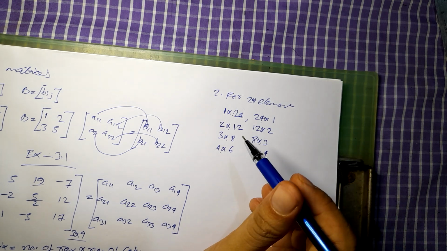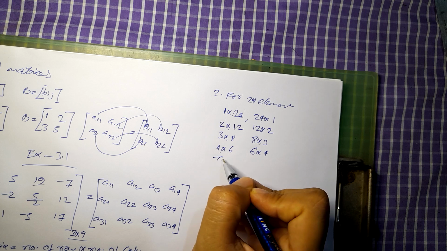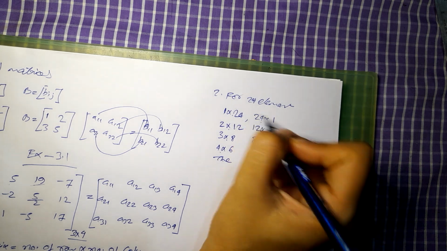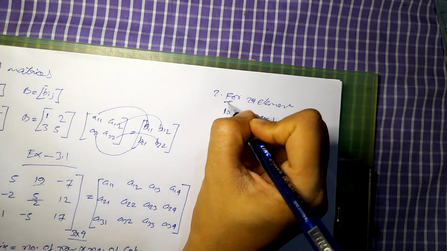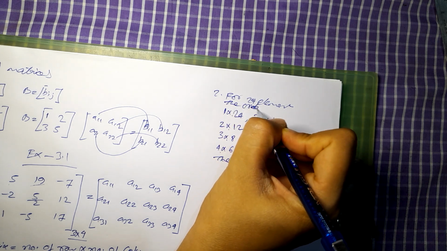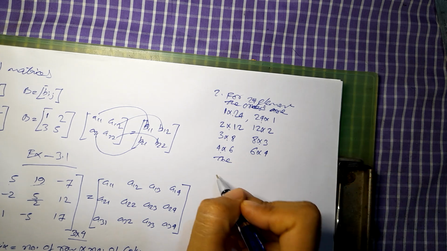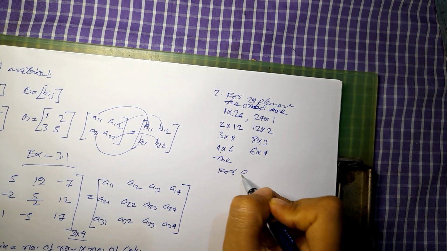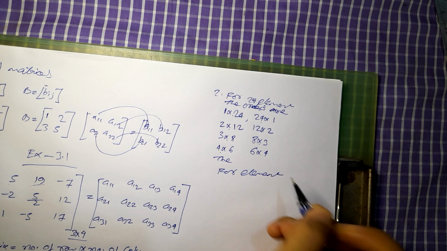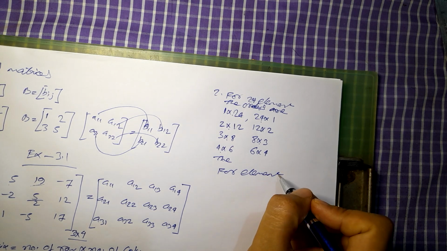These are the orders. You can write it here, the orders are listed. Now they said if it is 13 elements, for 13 elements, see 13 is a prime number, so if you multiply, 13 by 1 only you are going to get it.